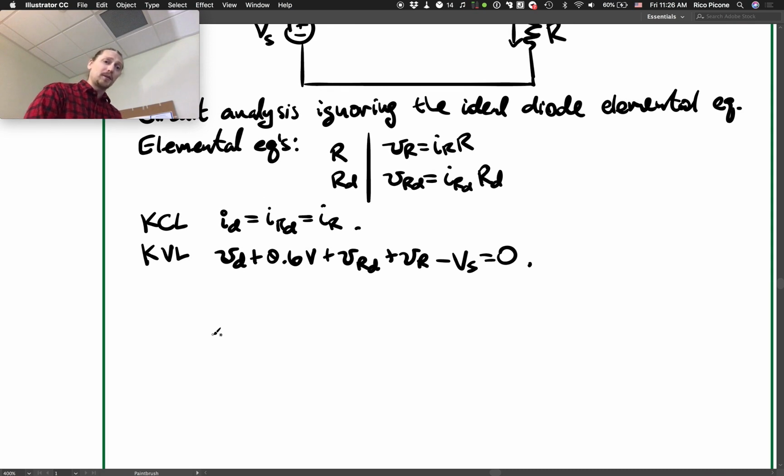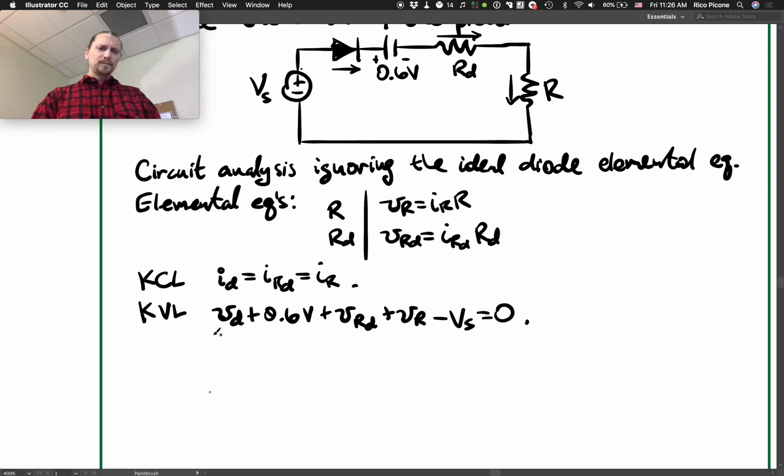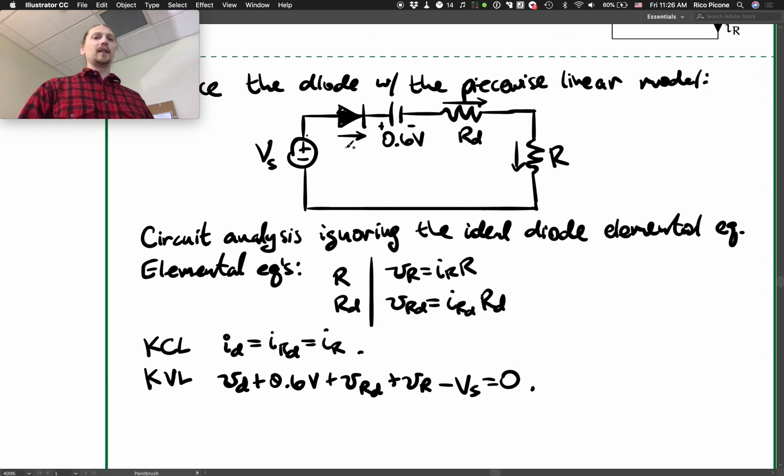There are elemental equations, our KCL equations, and our KVL equation. So this is one equation, two equations, 3 equations, 4 equations, right? Because this is 2 equations, actually. And then 5 equations. So 5 equations, we have 3 passive elements: the diode, and then 2 resistors.